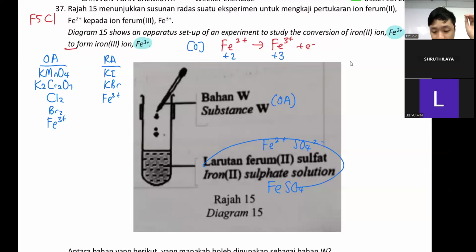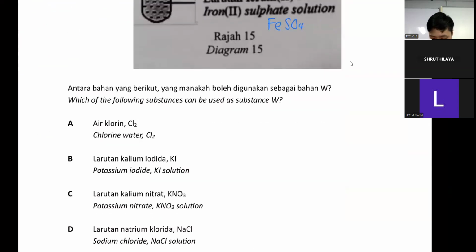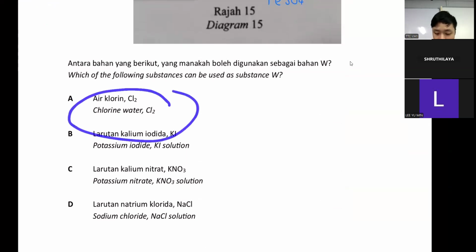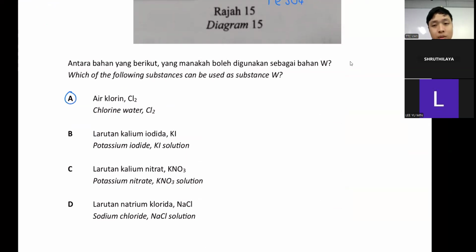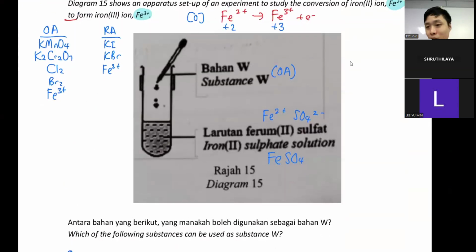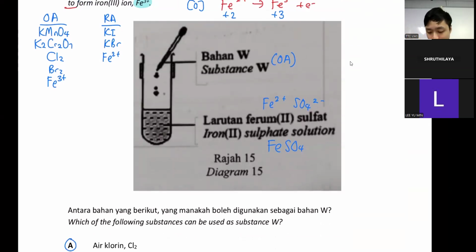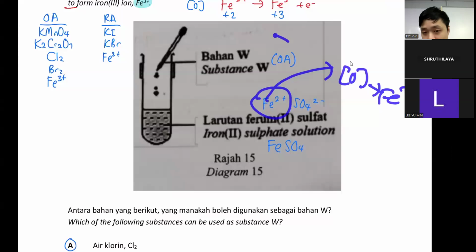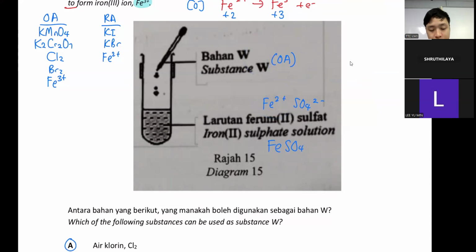Like this, actually Fe2 plus here acts as a reducing agent. So which one is oxidation? Chlorine water. Answer A. But you have to memorize, right? The aim is how to make Fe2 undergo oxidation to become Fe3 plus. You have to add an oxidizing agent to make sure Fe2 plus can undergo oxidation.